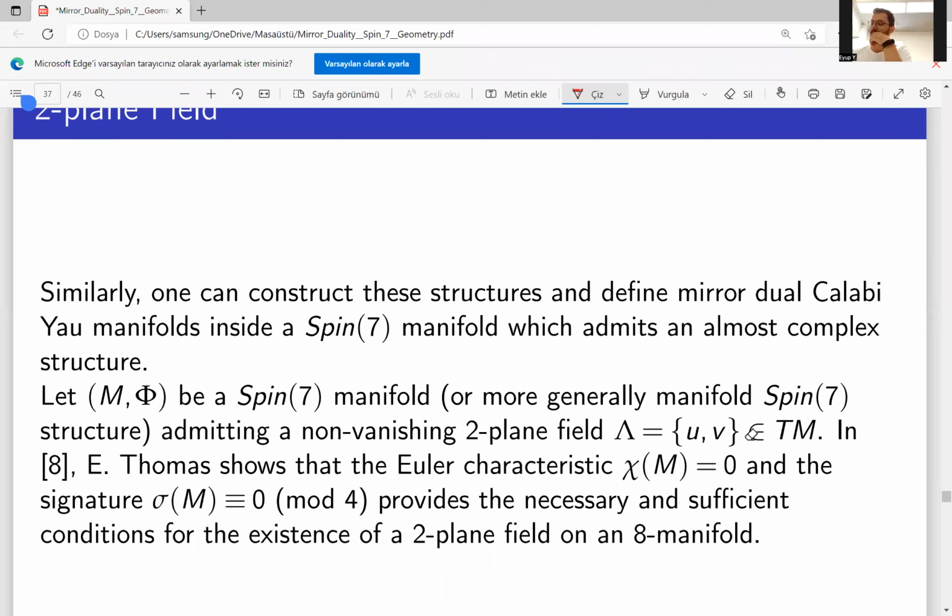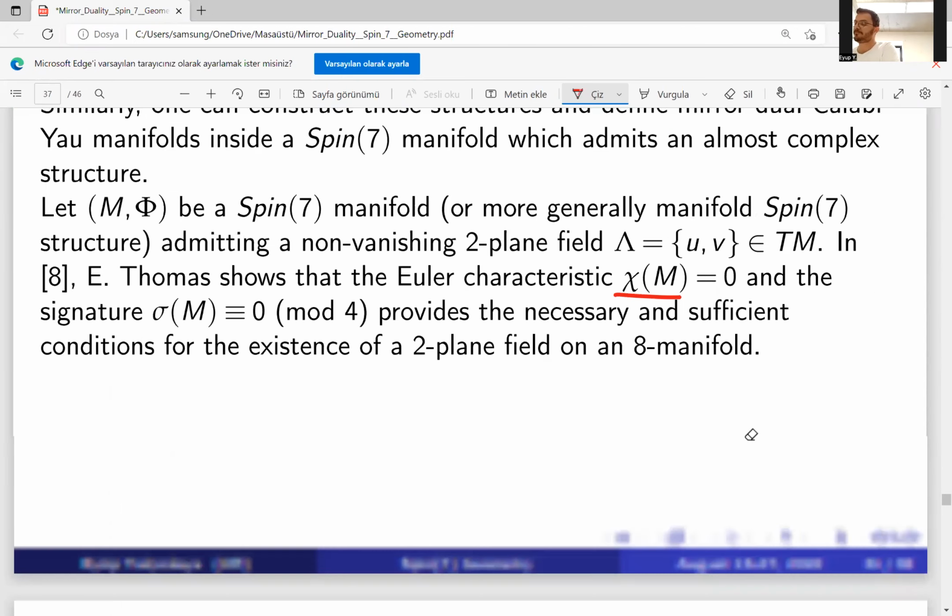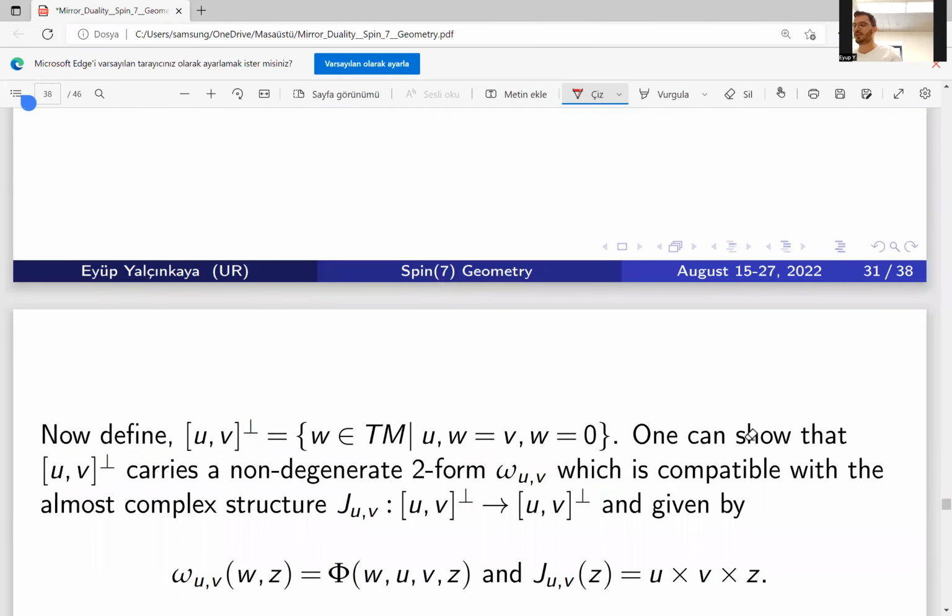But in the Spin(7) manifold, at first you have to satisfy that the Euler characteristic of M has to be 0 and the signature has to be divisible by 4. In that situation, you can find the two plane directly. Okay? And if you have an 8-dimensional object, it's the Spin(7) manifold.